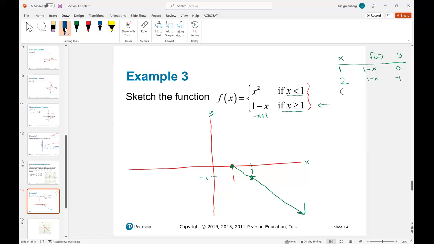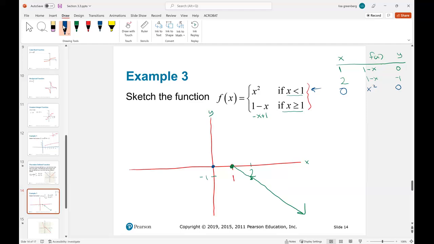So let's say x is equal to 0. Now I have to use this function because 0 is less than 1. So now I'm using x squared, which is again 0. So when x equals 0, I have this point 0, 0, right?